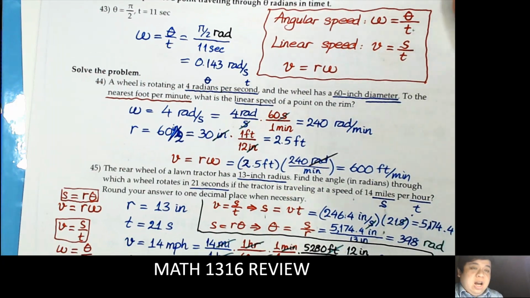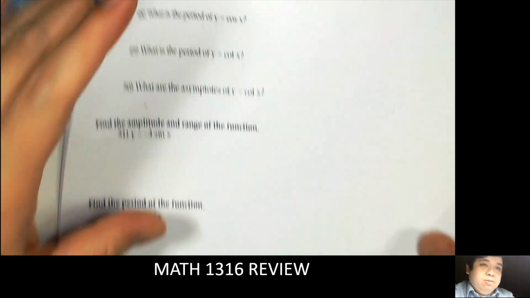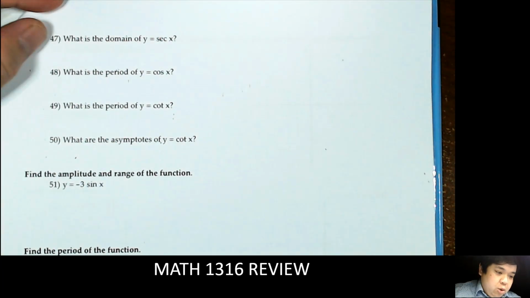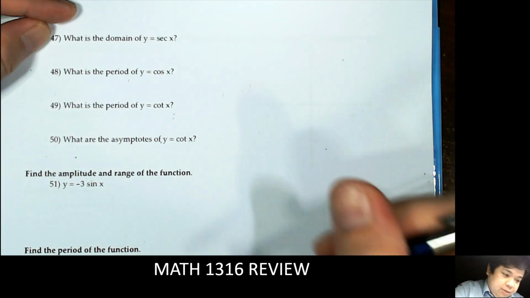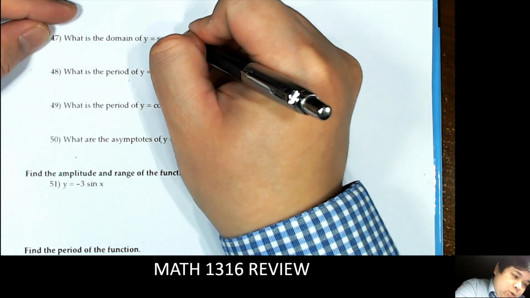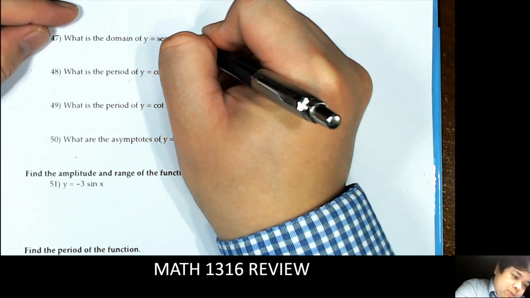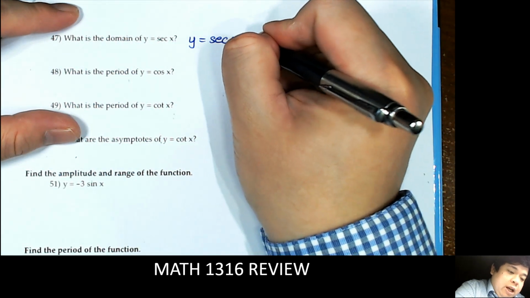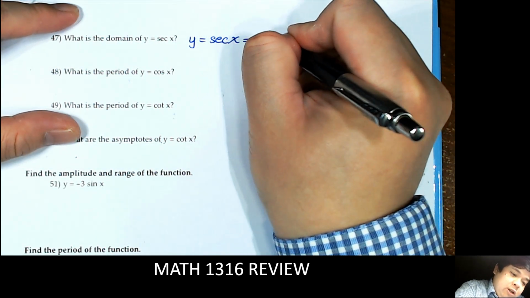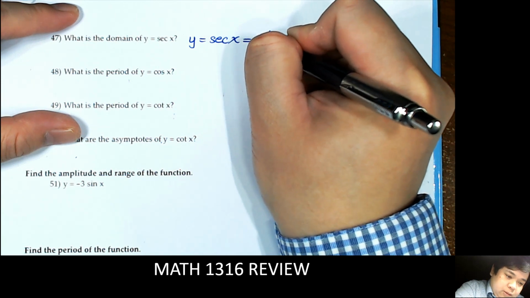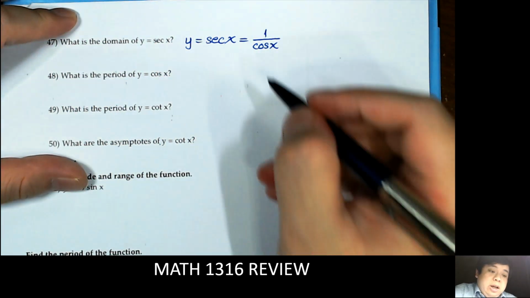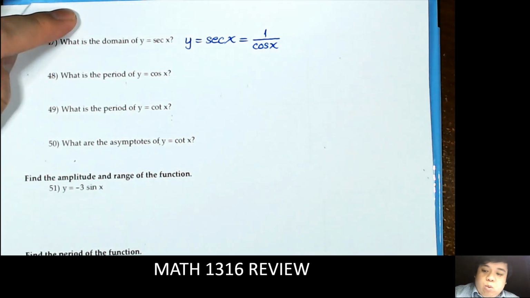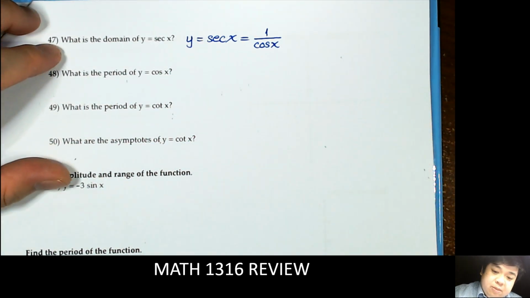But for sine and cosine, it's always defined. So the domain of secant: secant is the reciprocal of cosine. So whenever cosine is not equal to 0, that is where the secant is defined.